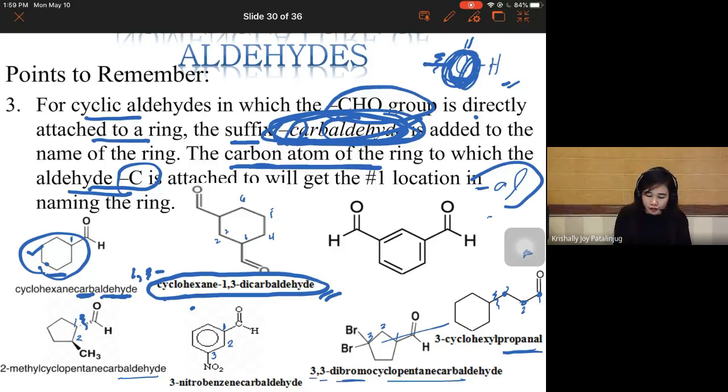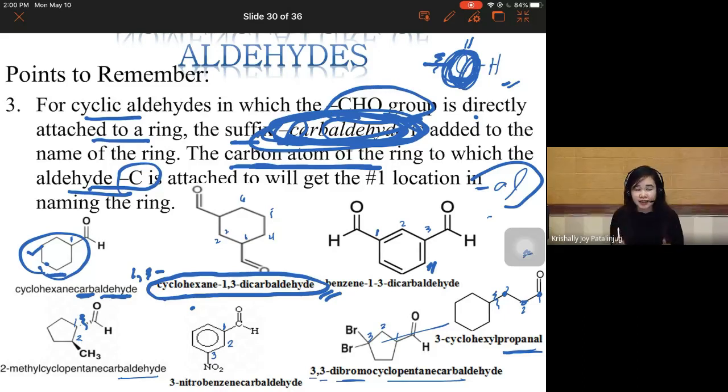Okay? Sige. So this one, this is a benzene, di ba? Benzene molecule. Then, 1, 3. No? So benzene 1, 3 dicarbaldehyde. Or you can have 1,3 benzene dicarbaldehyde. So don't forget ha, ang carbaldehyde suffix na siya.